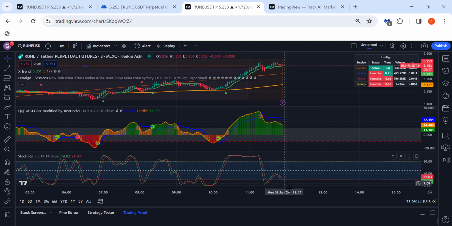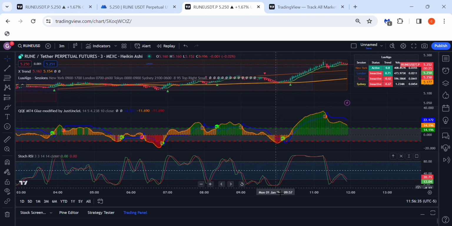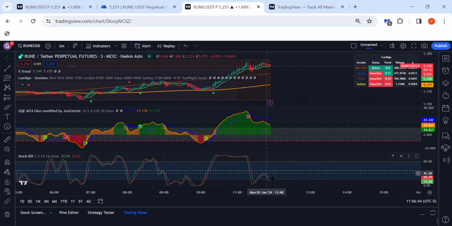It will bounce and it will cross. You have to wait for the cross. When the cross happens, that means the green becomes the one on top. See right here. Let's go back here. Look at this. It crossed over, right? And then green was on top and it started going up. And then you'll get a green moon and you'll start getting volumes here. So you have to wait for the 3 minute.